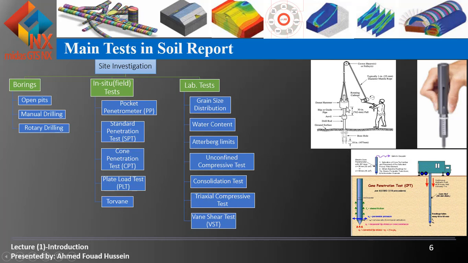We use this hammer to knock the spoon to dig into the soil. We count the number of blows which penetrate the soil for 45 centimeters, and we ignore the number of blows for the first 15 centimeters, and we just count the last 30 centimeters to get our shear parameter.